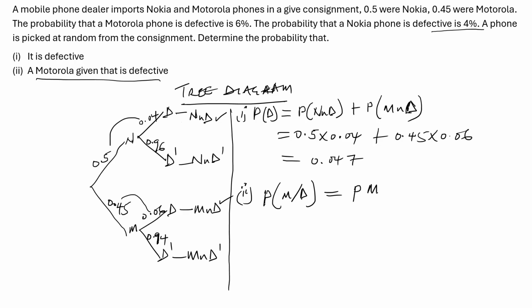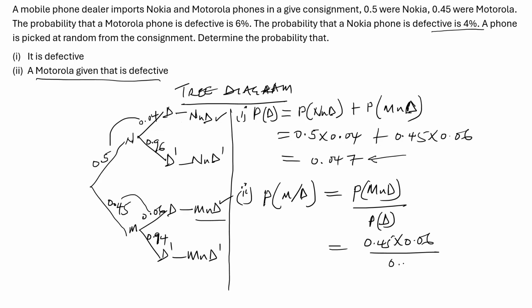So this is M intersection D divided by probability of D. So M intersection D is actually this line here. So that is 0.45 times 0.06. So divide by the defective value, which is right here. So that is 0.047, giving us 0.5745 as got earlier.